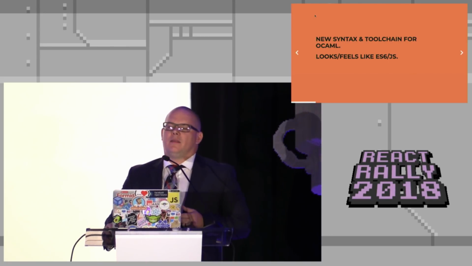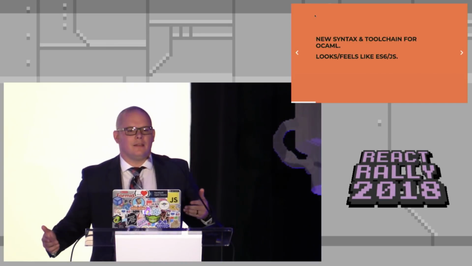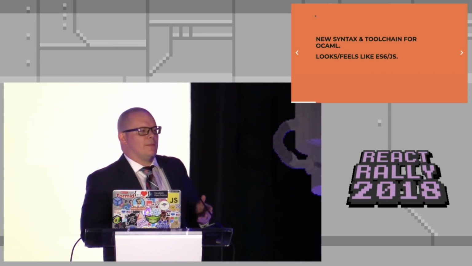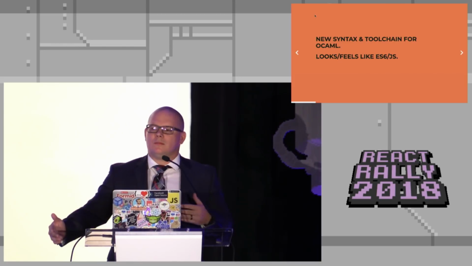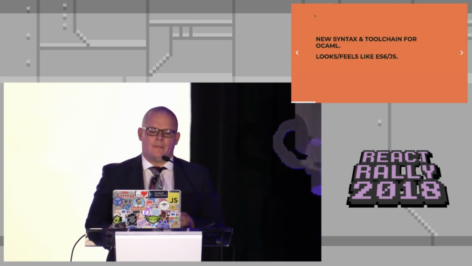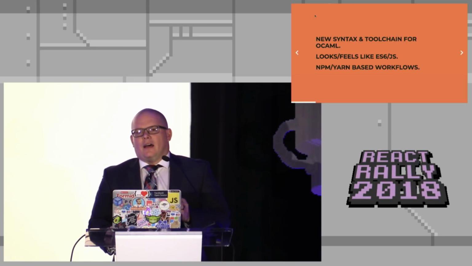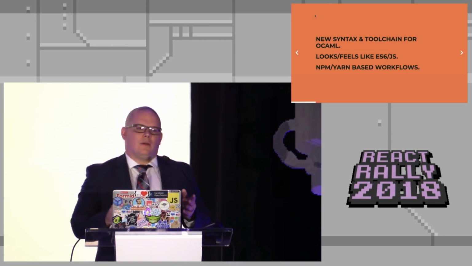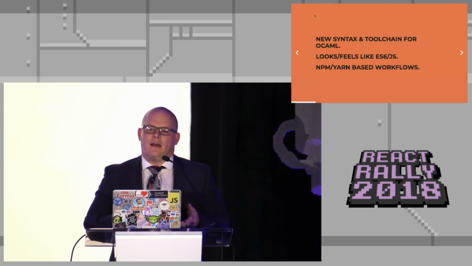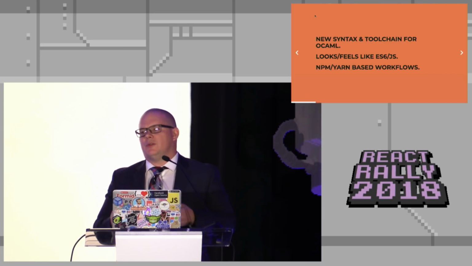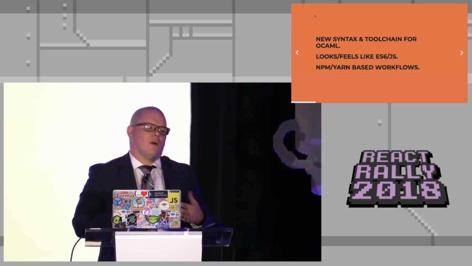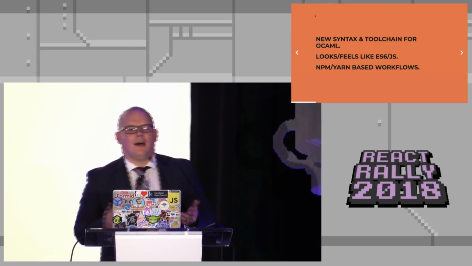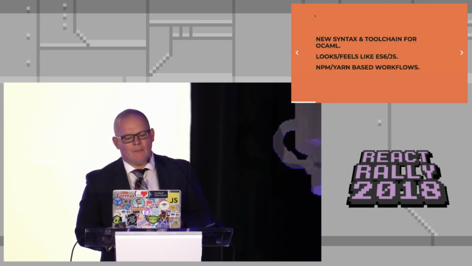And speaking with the people who created it, who actually made React, looking like JavaScript wasn't a primary goal, but it just ended up that way. In addition, it uses NPM and Yarn-based workflows, so installation or script running all goes through NPM. If you write JavaScript, which I'm assuming most people in this room do, it's pretty familiar, right?